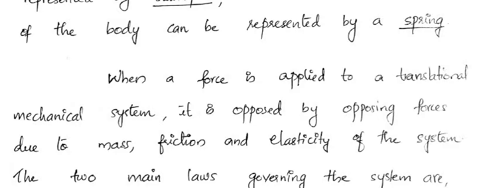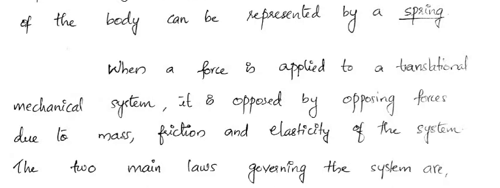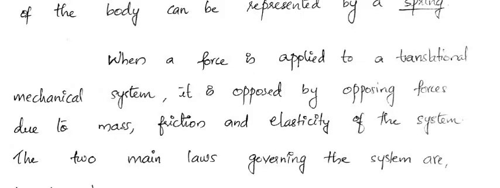So there will be an opposing force due to the mass m itself, right? So the total force acting on a body will be zero, or I can equate the applied force to the sum of the opposing forces.